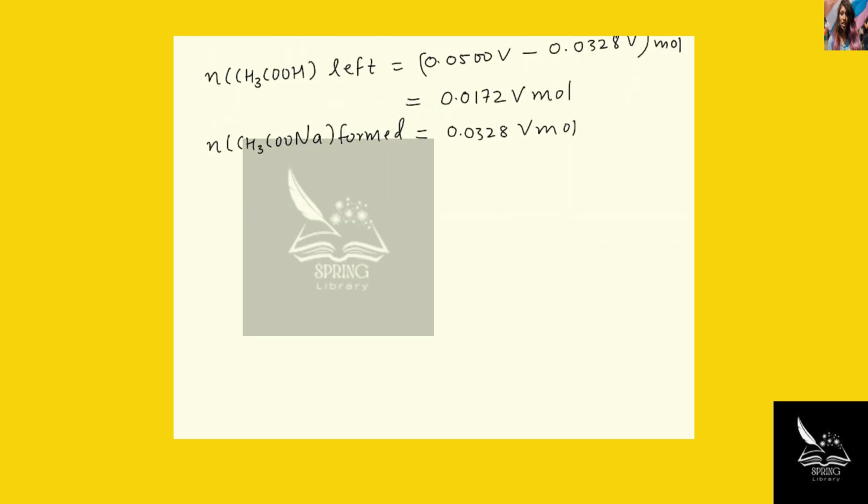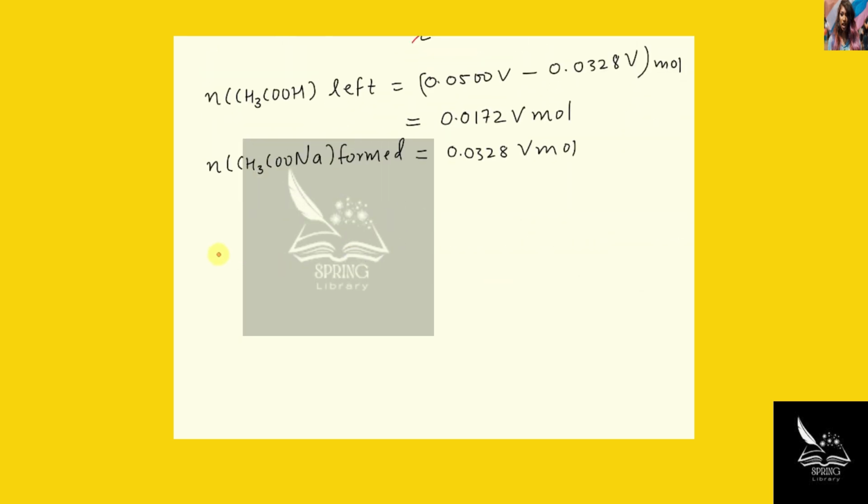Therefore, we will use the Henderson-Hasselbalch equation in order to calculate the pH. We can say pH is equal to pKa plus log concentration of salt over concentration of acid. We are having the volume same.